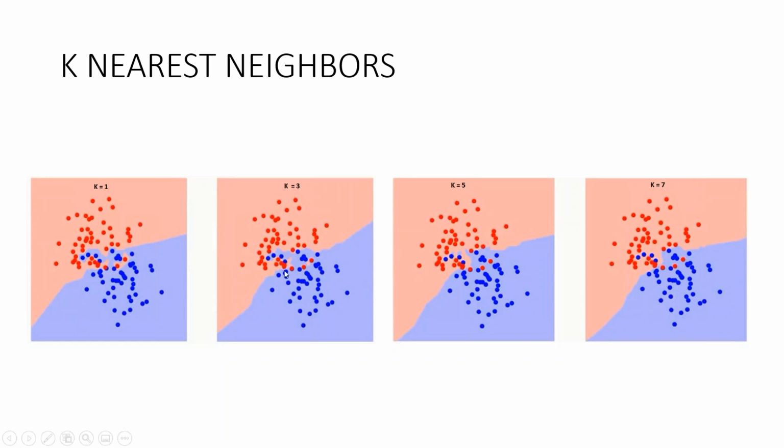If you look now at k equals 3, it's still doing a pretty good job, but not quite as good, because the boundary between the light red and the light blue areas is becoming a little bit smoother. As you go to k equals 5, it gets a little bit smoother, so now we're not doing nearly as well.